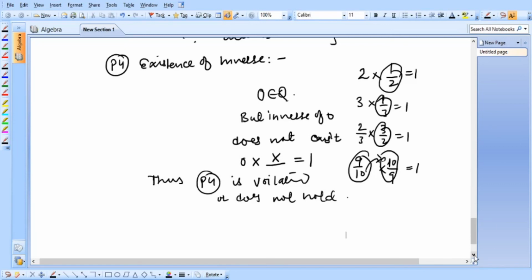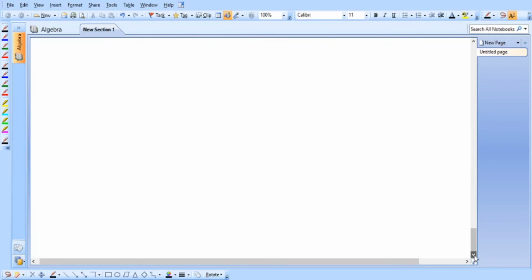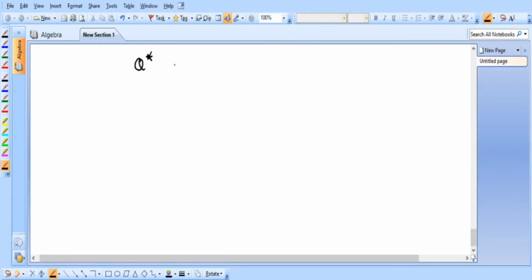See here, Q star is a set which does not include 0.